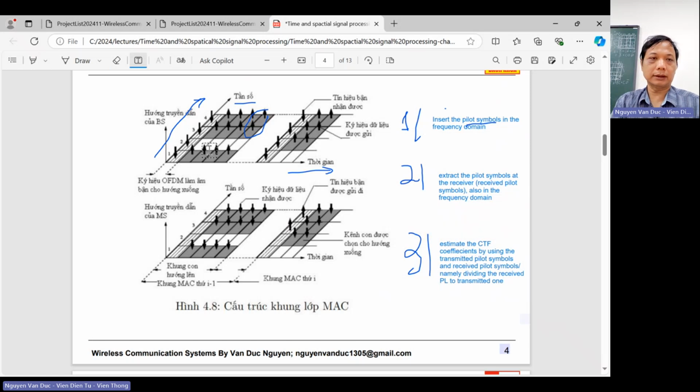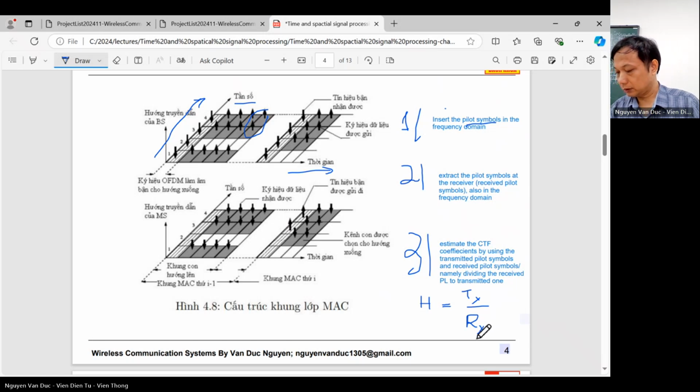So I will write the channel coefficient, S equal to K, where K is the received pilot divided by the transmitted one. Okay, and here is a ZF coefficient, ZF. So that is zero forcing.